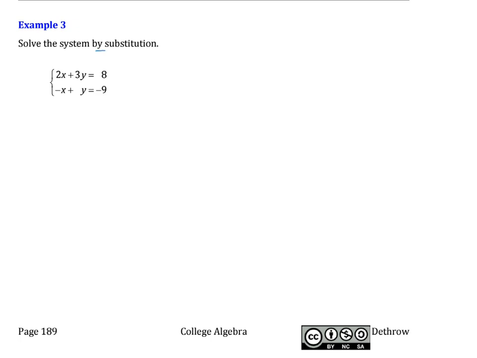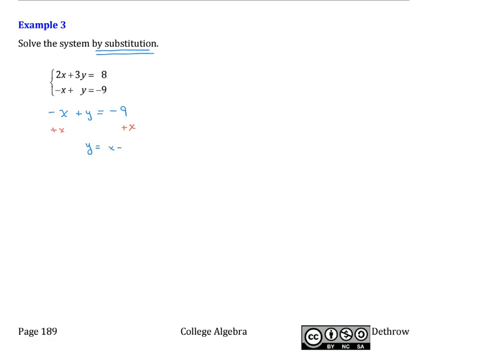So make note, I'm telling you how to solve it. So let's take the second equation, negative x plus y equals negative 9, and we can solve this for one of the variables. Doesn't matter which one. We could have easily done the first equation also, but this is just easier because it's easier to solve for our variable, y.